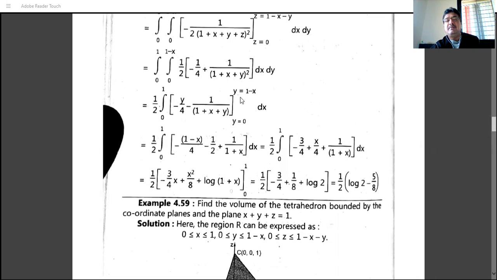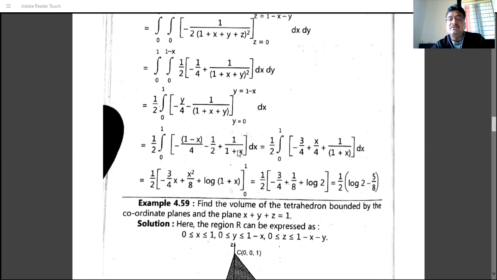Then the value at the upper limit, that is substitute y as 1 minus x. We have this answer, this is the upper limit, minus substitute y as 0. We have this as the lower limit, minus 1 by, this becomes 0, and this minus becomes plus 1 by 1 plus x, if you substitute y as 0.